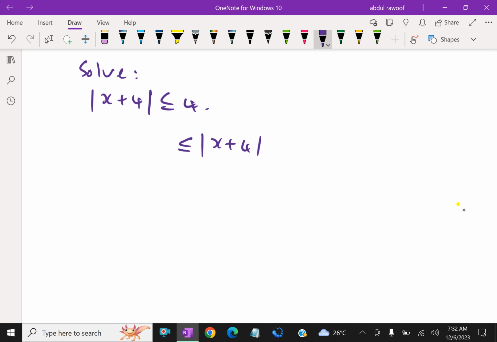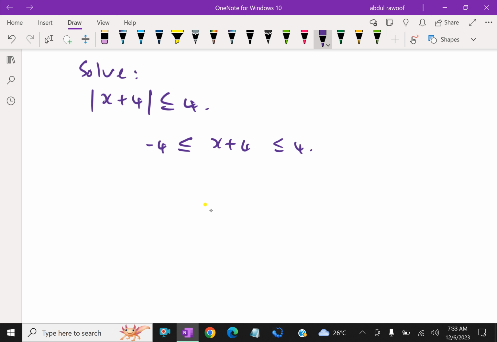It is greater than minus 4 and less than or equal to positive 4. That means the absolute value of x plus 4 is less than or equal to 4, which means that after giving the limits on both sides, we can remove this absolute symbol.